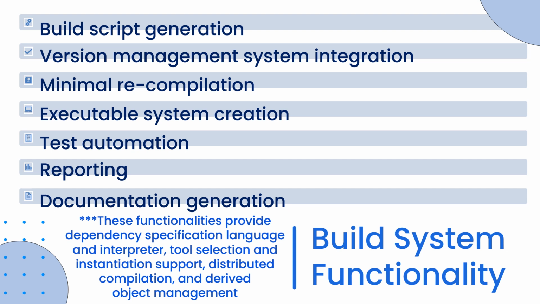This links the compiled object code files with each other and with other required files. Test automation. Some build systems can automatically run automated tests using test automation tools. These are to check that the build has not been broken by changes. Reporting. It provides reports about success or failure of the build and the tests that have been run. Documentation generation. The build system may be able to generate release notes about the build and system help pages.